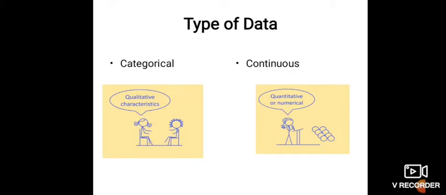So these are the two things you need to remember while choosing any statistical test.